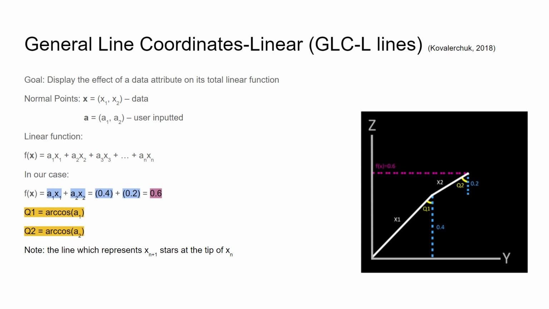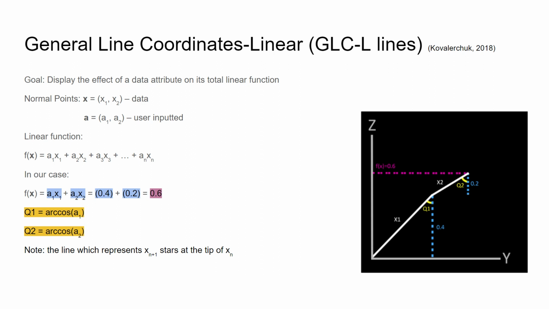In our case, it's a1 times x1 plus a2 times x2, since we have two attributes. For simplicity, let's assume that a1 times x1 equals 0.4, and a2 times x2 equals 0.2. When we add those together, we get 0.6.